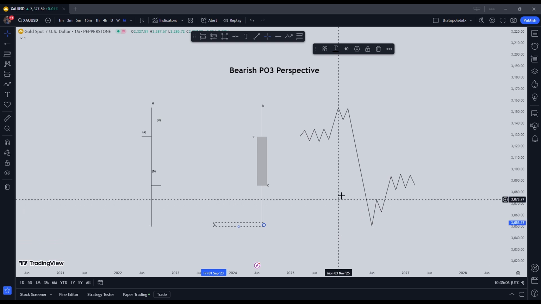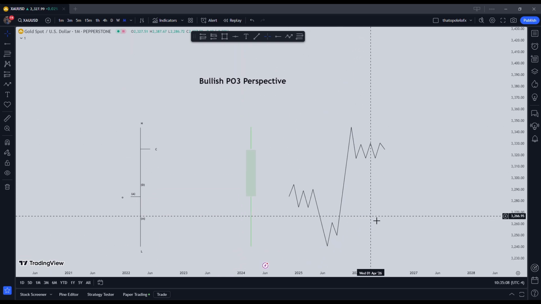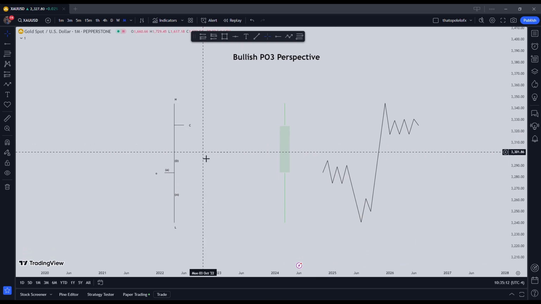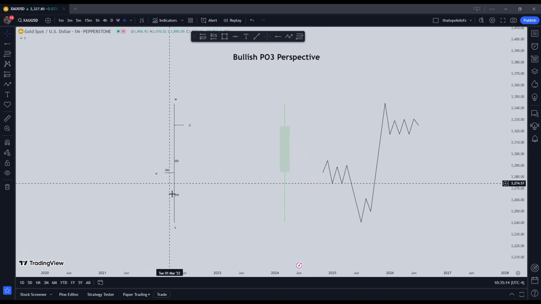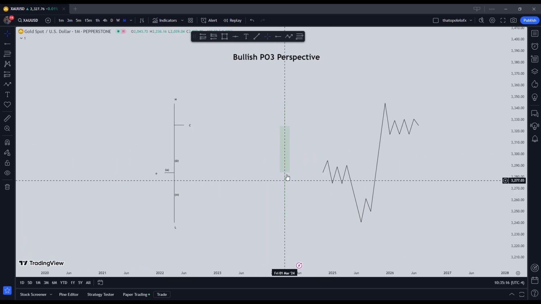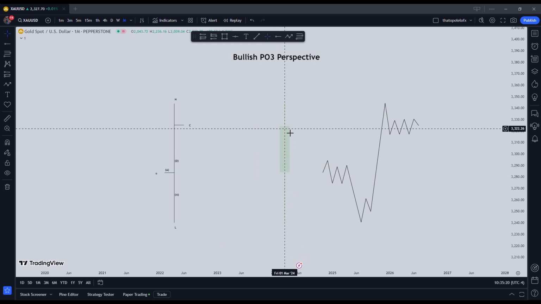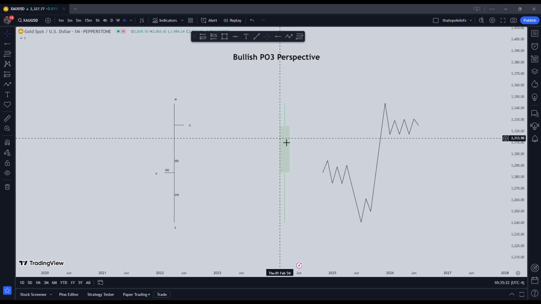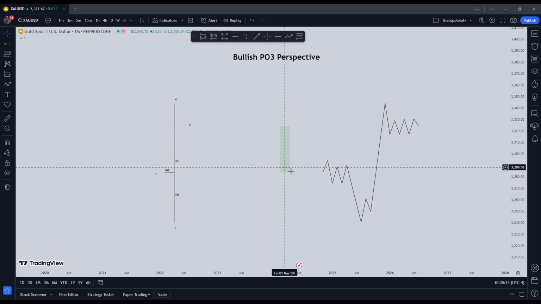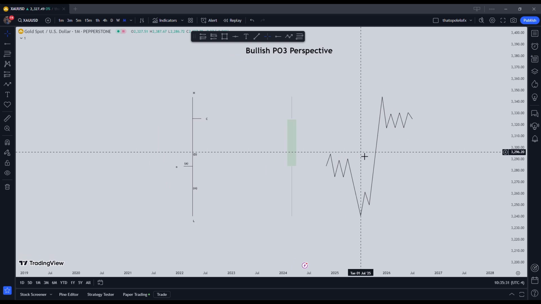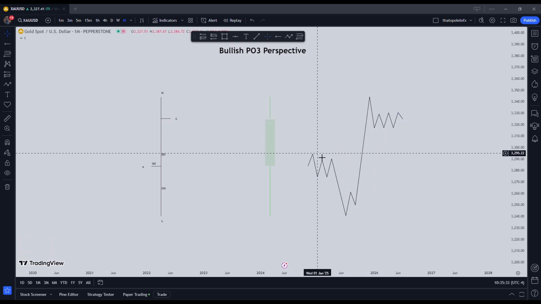Now, looking at a different perspective, the bullish power of 3 perspective, we have the opening of the bar, or just the candle, being lower than the close. So what usually happens is, let's say this is a daily candle, and you are looking at it from the perspective of the 15-minute time frame.